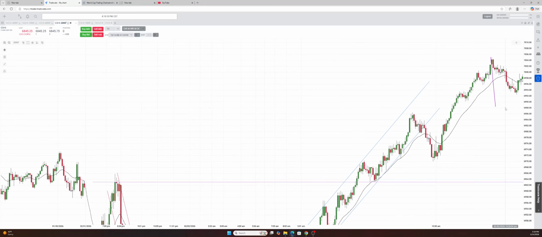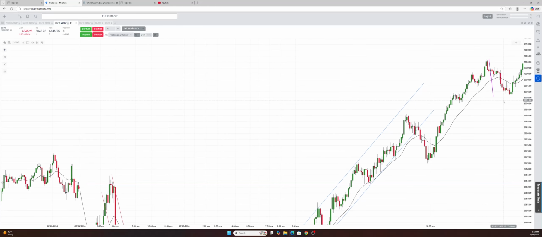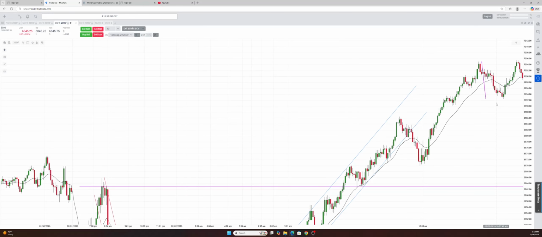back up into the structure. So far we basically had this move down here. Now we're pushing back up. We create what looks like a double top to me.